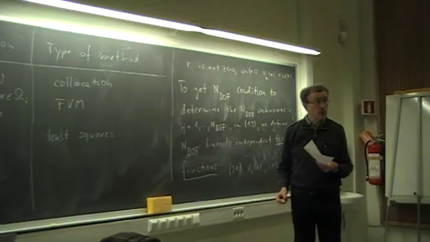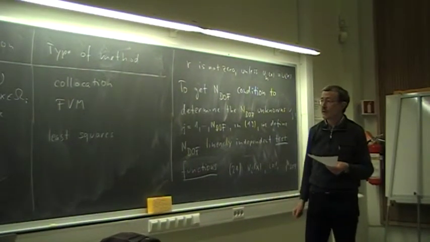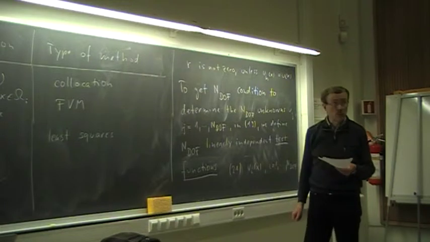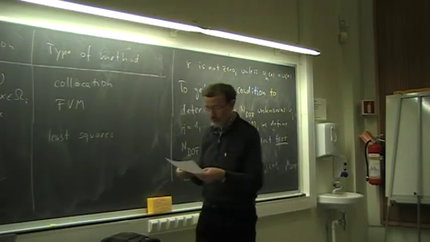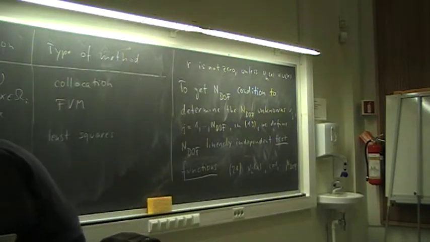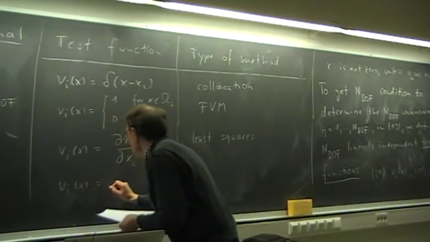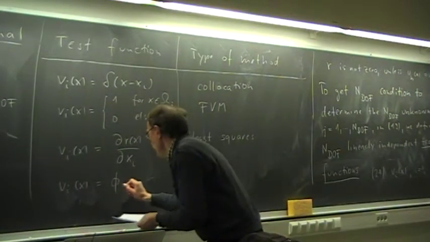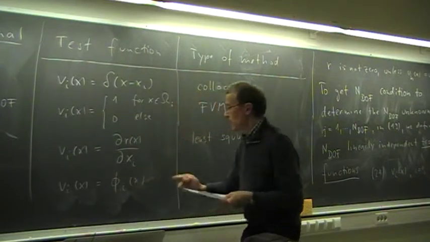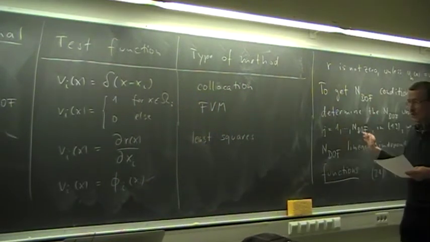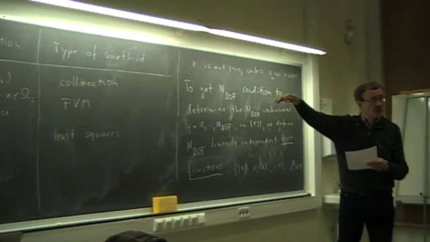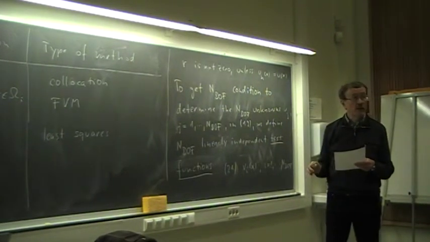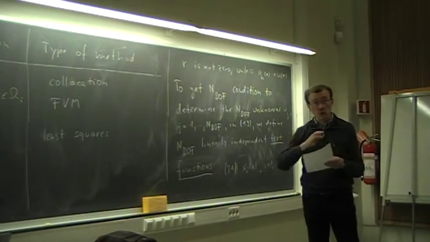That's the method used by my colleagues Maria Fernandino and Carlos Dorao. They solved many problems with that. If vi of x equals phi i of x, that means we choose the test functions equal to the basis functions, then we get the Galerkin method. That is the method usually used in finite element.